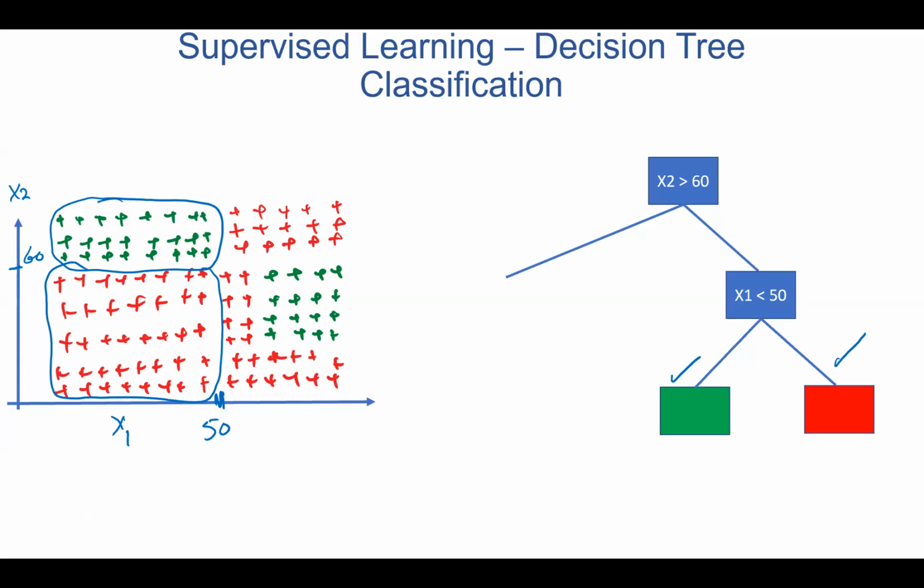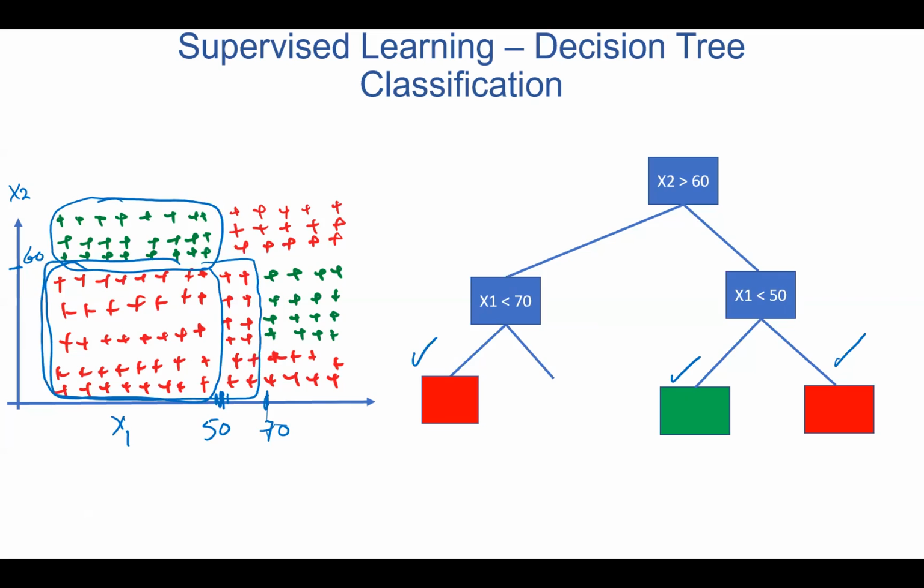What happens if x2 is less than 60? If x2 is less than 60, then if x1 is less than 70, somewhere here, I have these data points. They are once again all in the red class. So I'm performing the splits and creating a decision tree.